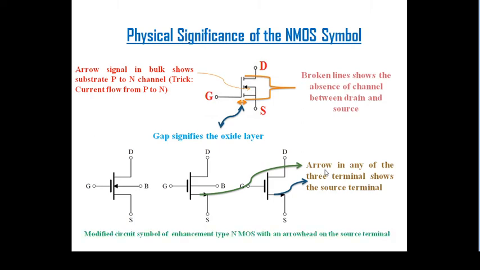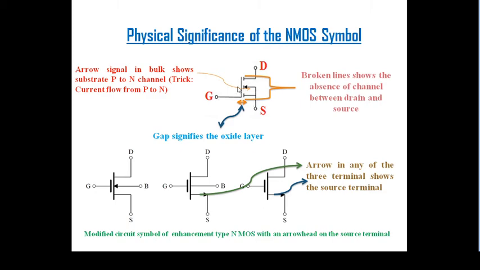So this is a modified circuit symbol of an nMOS with an arrowhead on the source terminal. That is what you have to remember. The broken line signifies the absence of a channel between drain and source. The gap signifies the oxide layer, and the arrow from the substrate points from p to n.